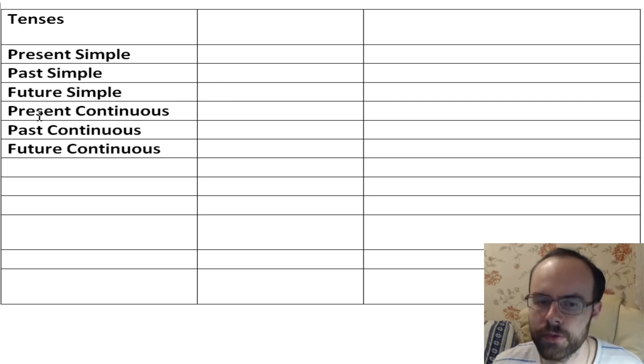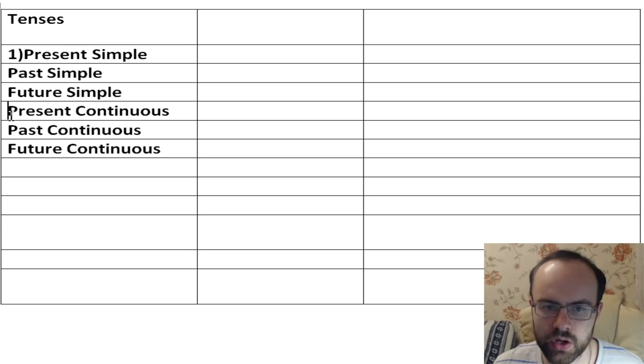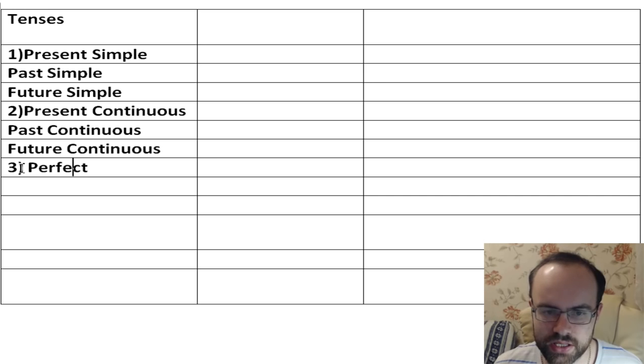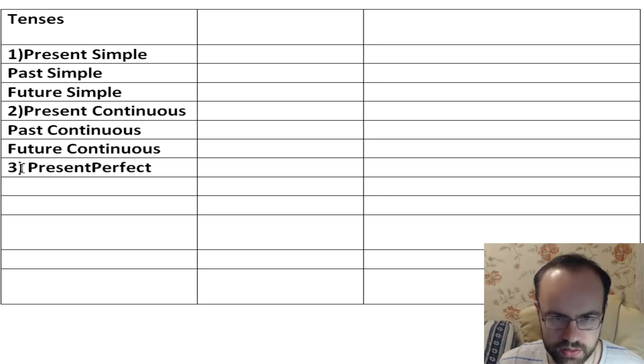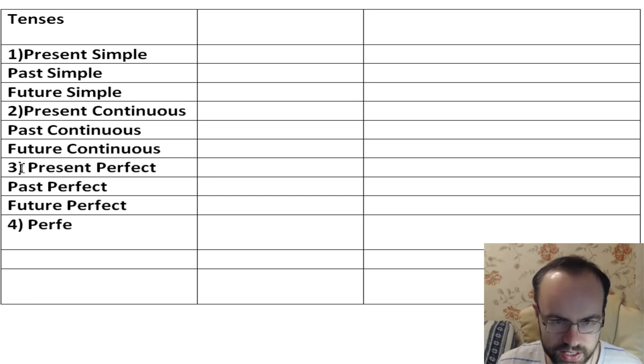So the first big group we call simple, the second big group is continuous, and the third big group is perfect, and again we say it in present, so you get present perfect, past perfect, and future perfect. Okay, the most difficult group is called perfect continuous.